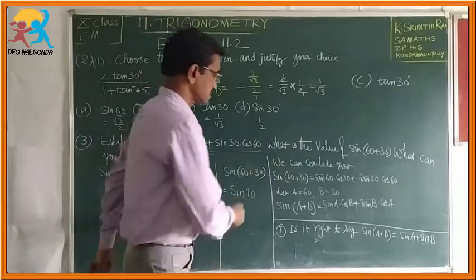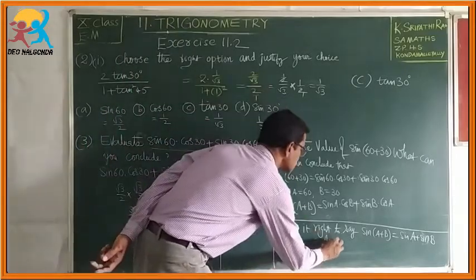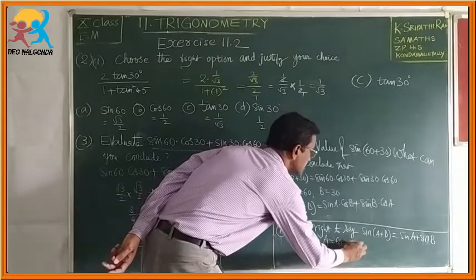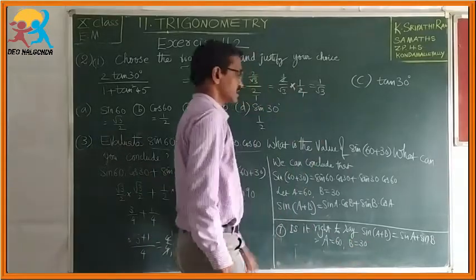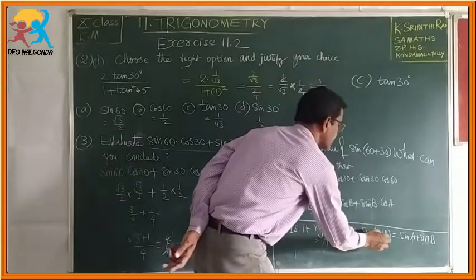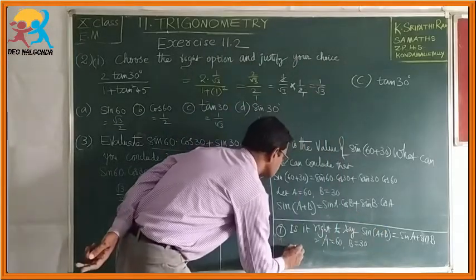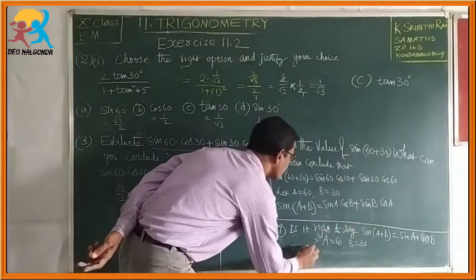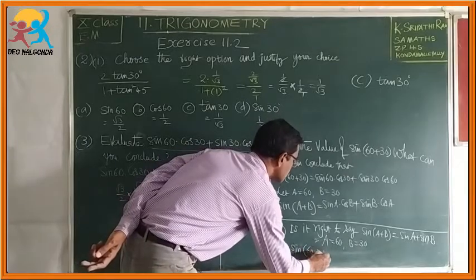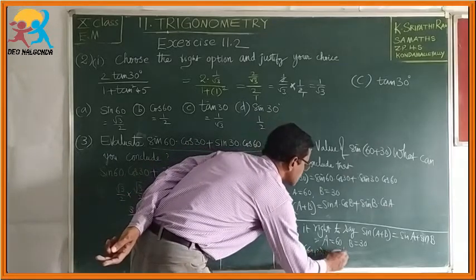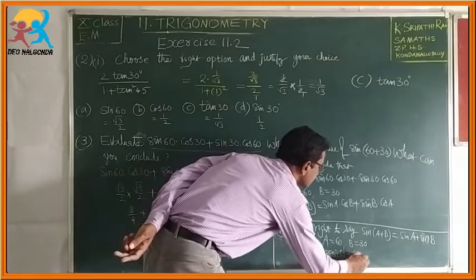Take some values, put A equal to 60 and B equal to 30, then you will get the correct answer. Sin(60 + 30) is equal to sin 60 plus sin 30, is it okay?